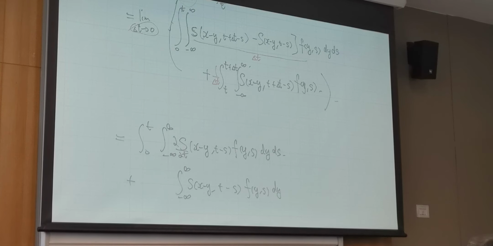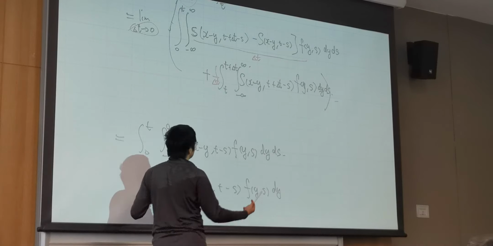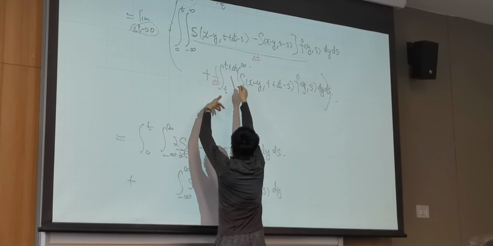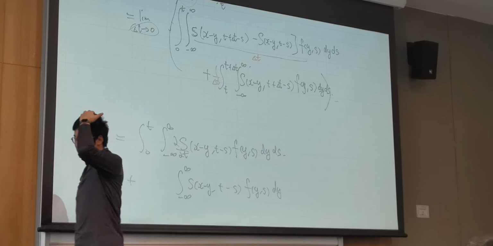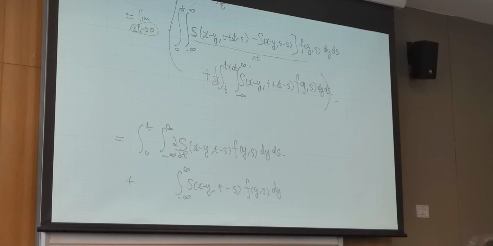The ds already goes away, because this is the integration from t to t plus delta t.